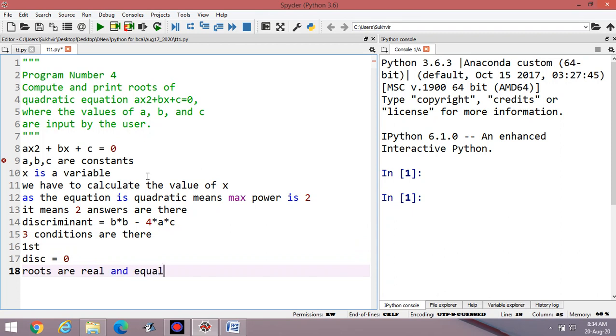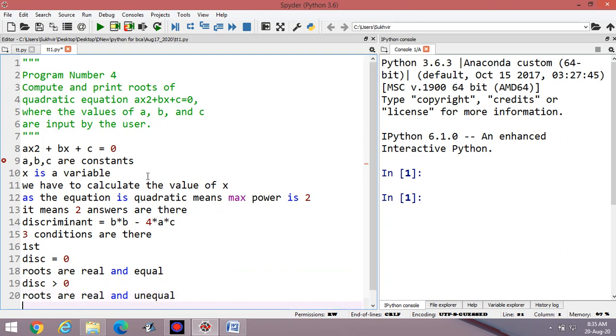Now what is the meaning of roots? The values of x are known as roots. If discriminant is greater than 0, then roots are real and unequal.